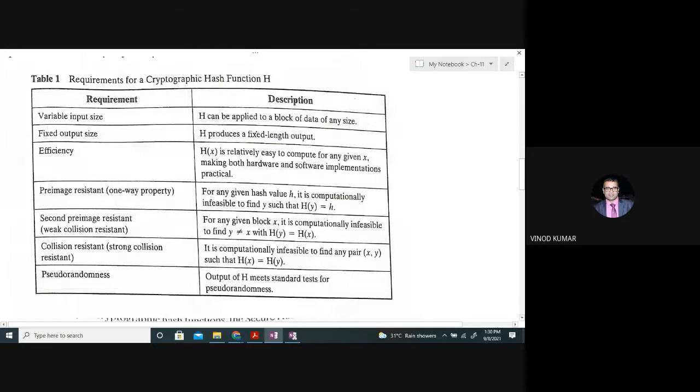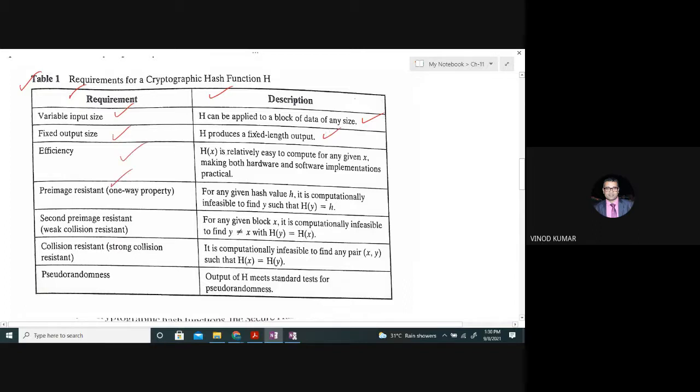The same approach as in the previous section, the requirements and description. We already discussed all these things. Variable input size: H can be applied to a block of data of any size. We already discussed it. Okay, fixed output size, almost the same.